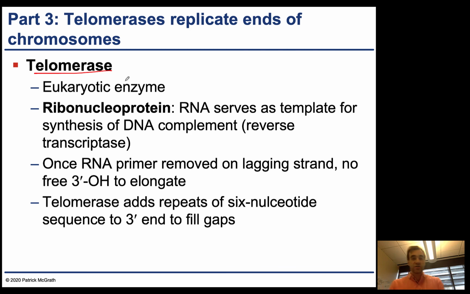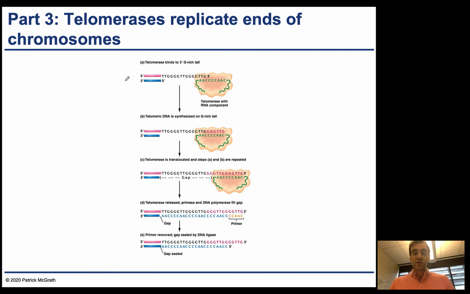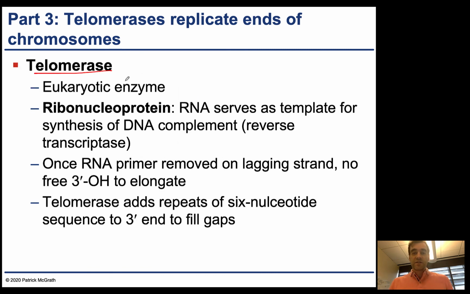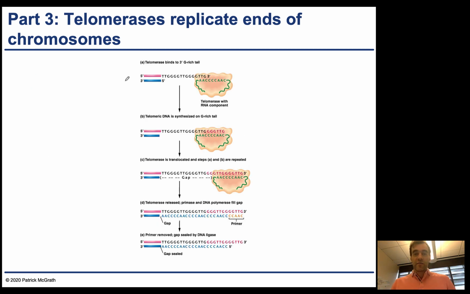These are interesting: they are ribonucleoproteins, so they are proteins, but they also contain pieces of RNA within them. This RNA serves as a sort of new primer in order to elongate the ends of DNA.